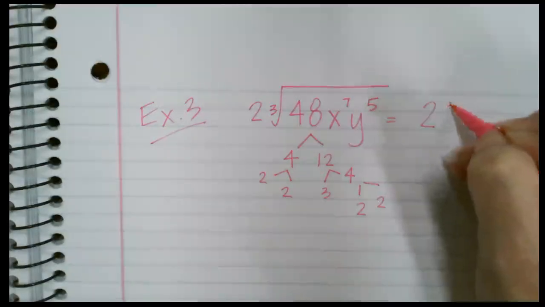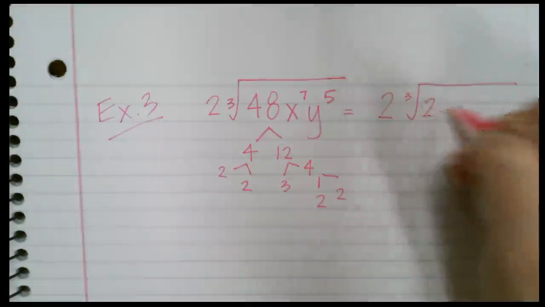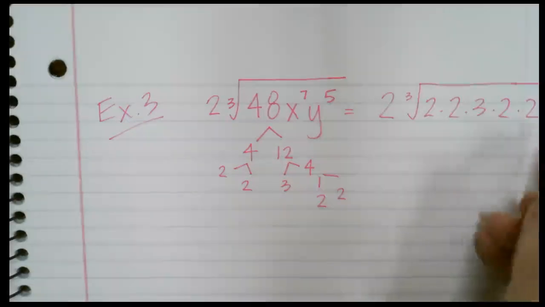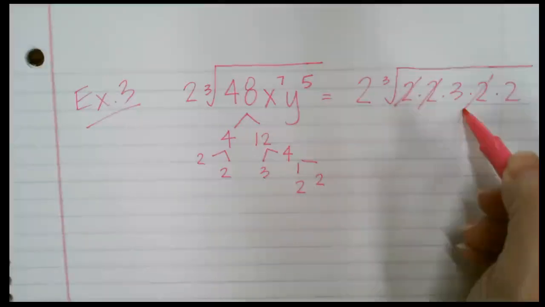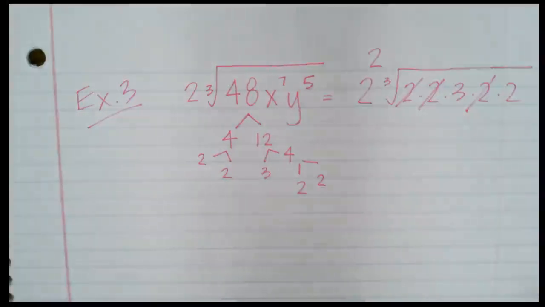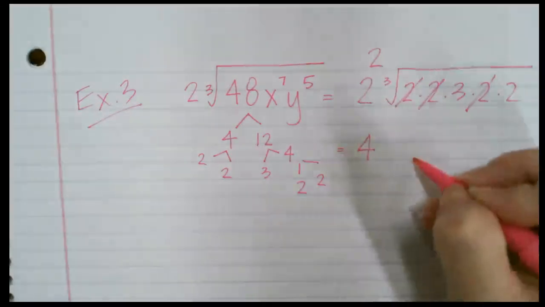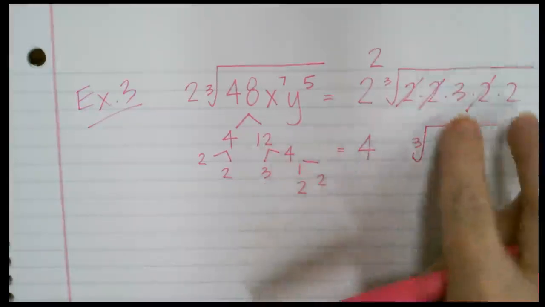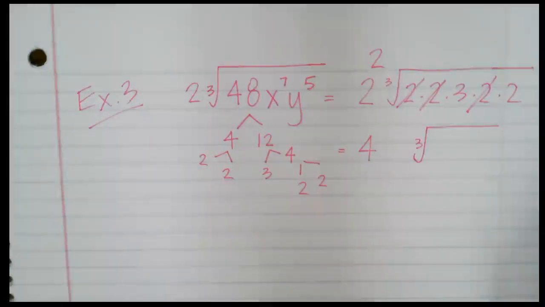For the numbers, I'm going to ignore the variables for just a second. So I have 2 times 2 times 3 times 2 times 2, which multiplies to be the 48. I have a group of 3 2s, so I can bring that out. So outside I have 4. I'm going to leave a space for my variables. And then inside, I'm left with a 3 and a 2, and I don't have a group of 3, so that's going to be 6.